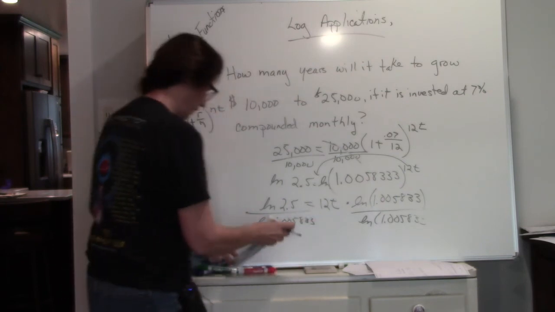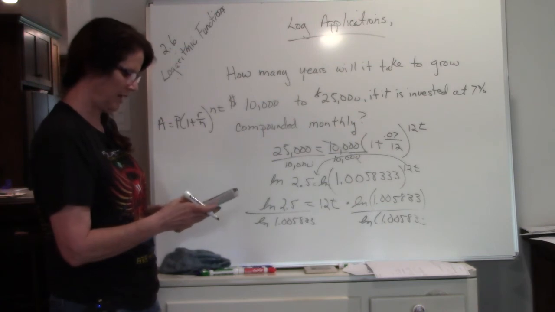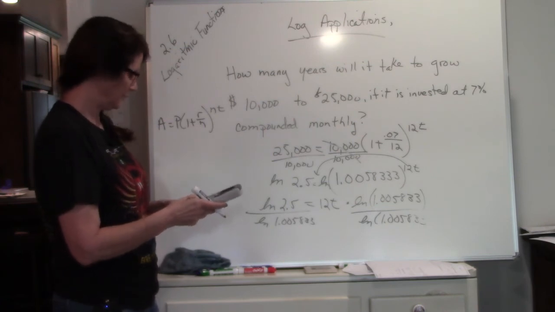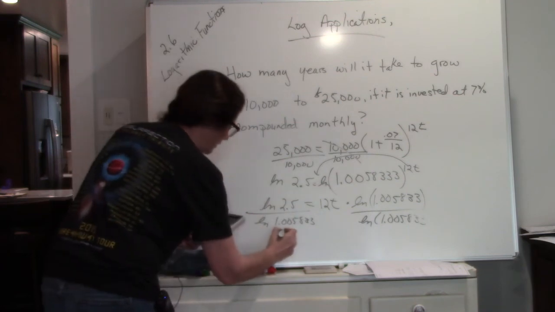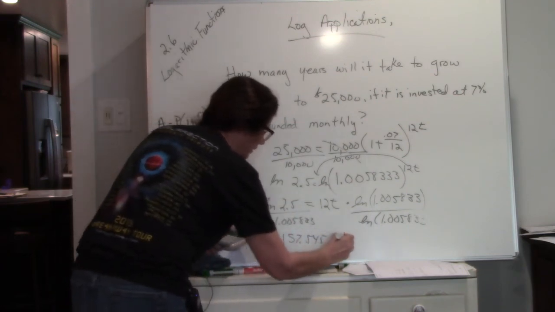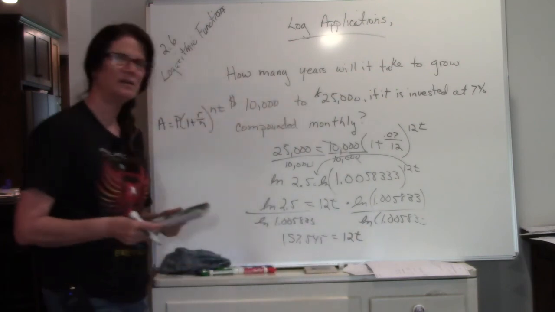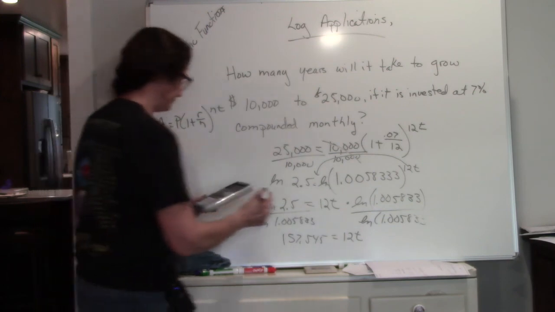So on your calculator, you're going to do ln 2.5, close the parenthesis, divided by ln 1.005833, close the parenthesis. So this gets calculated to 157.545. I still have 12t on the other side. And then I'm going to divide both sides by 12.